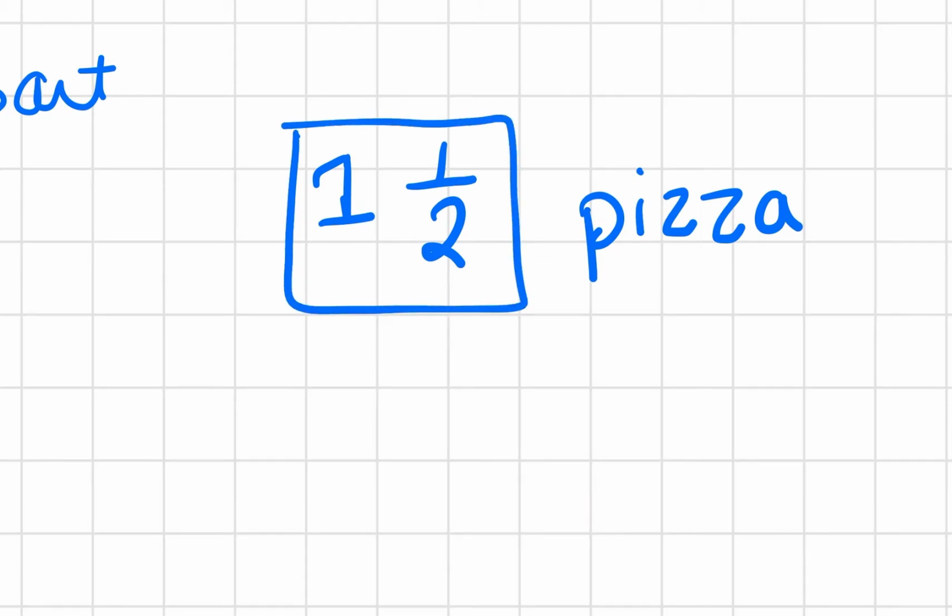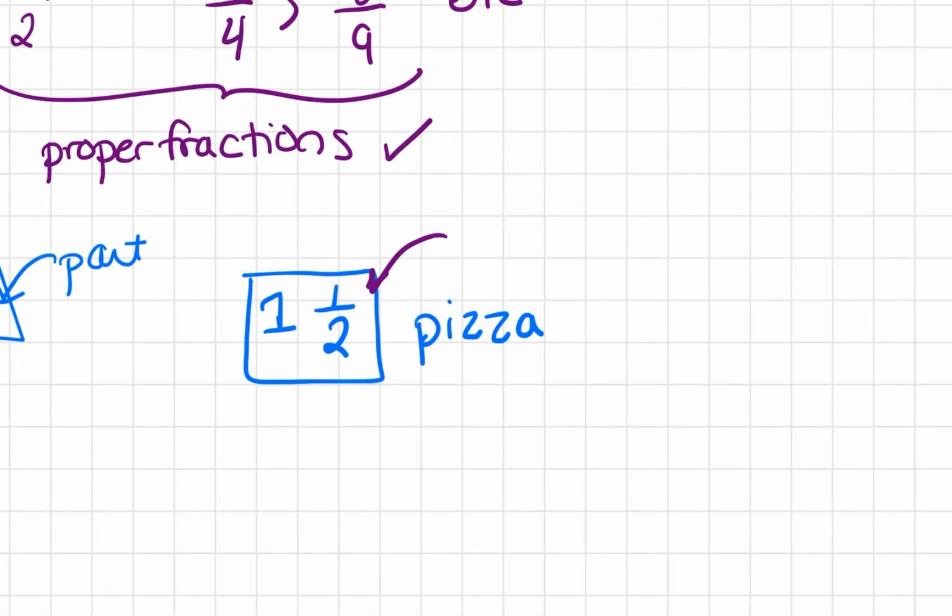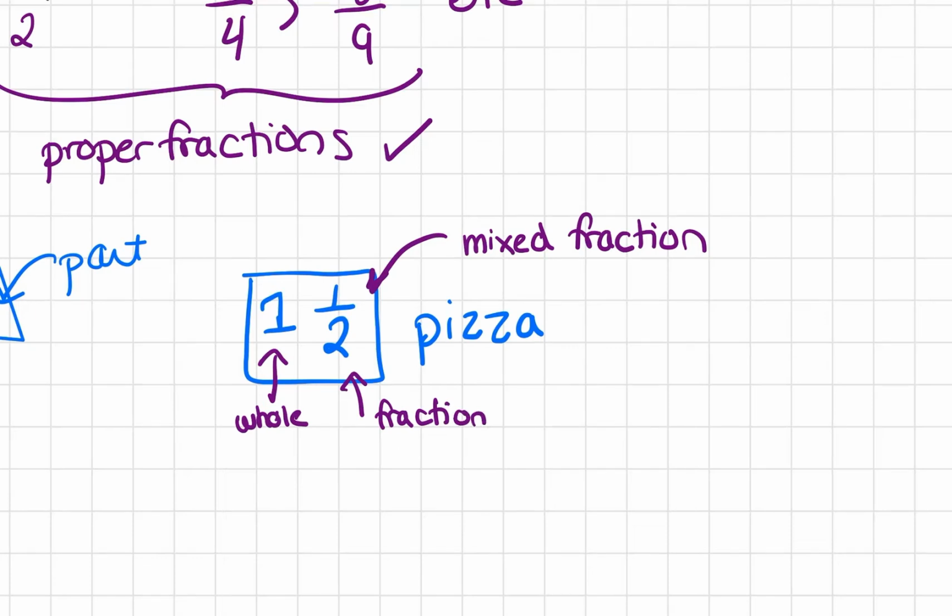It represents a fraction where I have some of it, which is a whole, and part of it, which is in your typical fraction form, let's say. So when you're given something like this here, we call this a mixed fraction. Mixed because you're given a whole and something that represents a part, but we will call this a fraction.